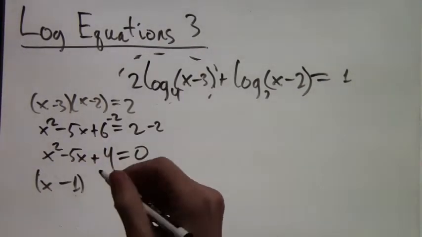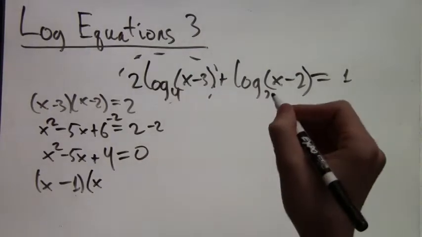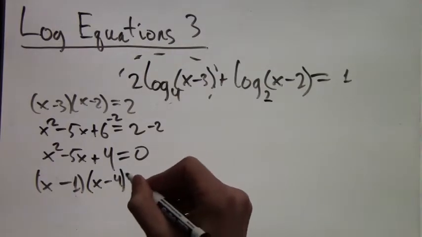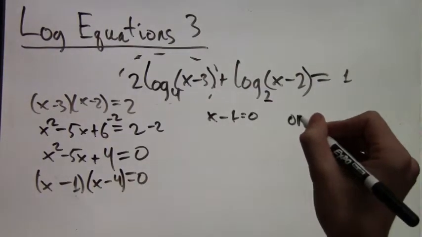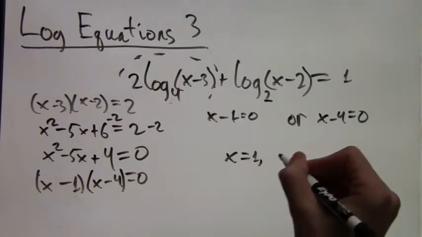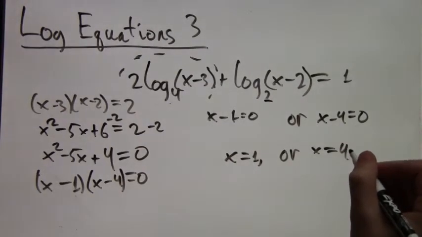So x squared minus 5x plus 4 factors as x minus 1 times x minus 4. So we get x minus 1 equals 0 or x minus 4 equals 0. This gives two possible answers, x equals 1 or x equals 4.